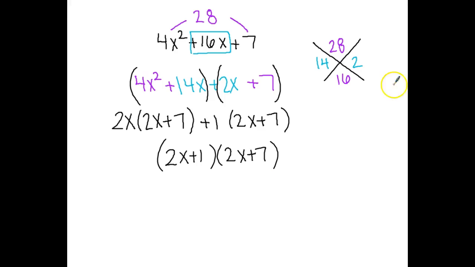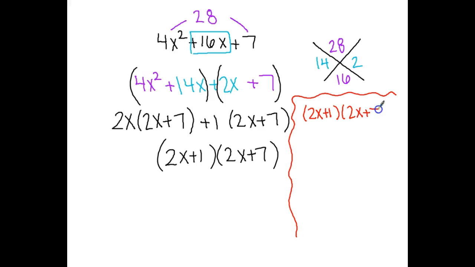If I told you to FOIL 2x plus 1 times 2x plus 7, if I said, hey guys, FOIL this, you'd say, all right, first, outer, inner, last. Do you see how this line here is that line there?